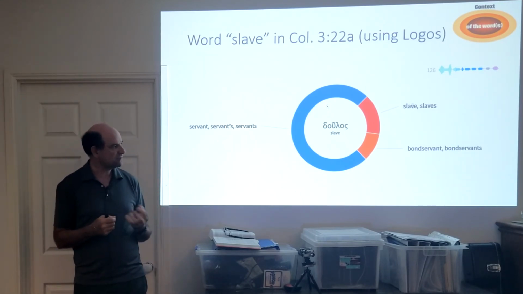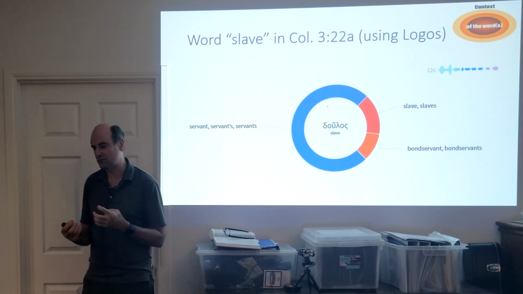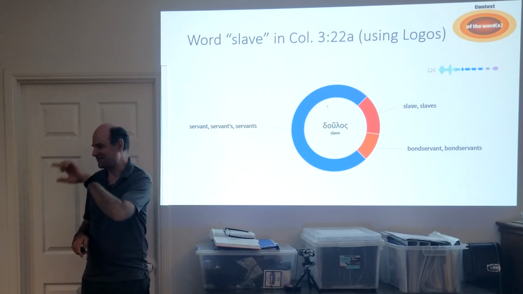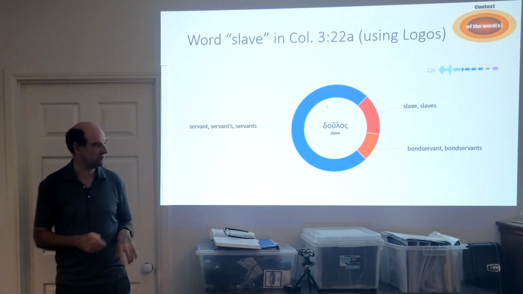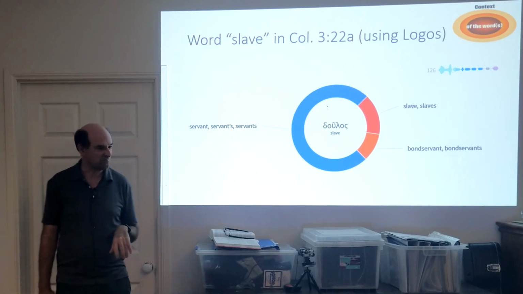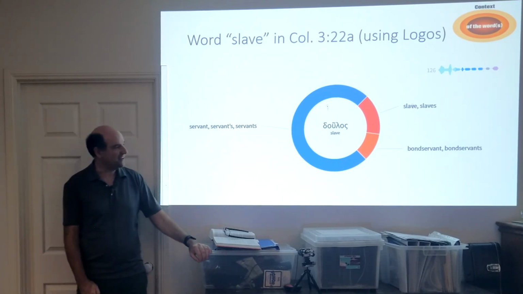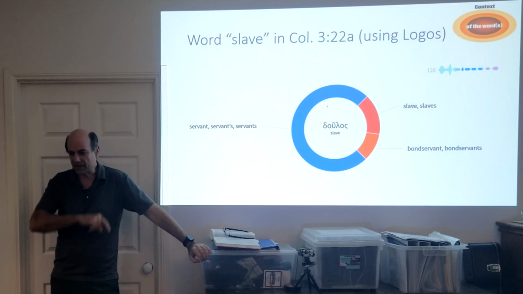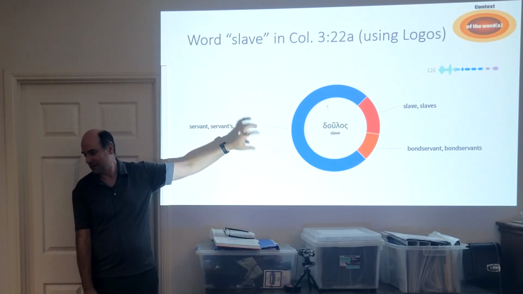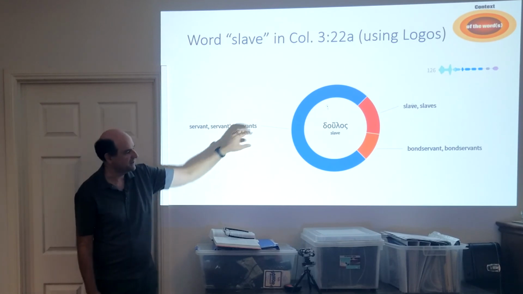Some words have vast arrays of different words that they translate as, and you'll get a circle that's got all these tiny little wedges. That's called the semantic range, which is the range of the meaning.